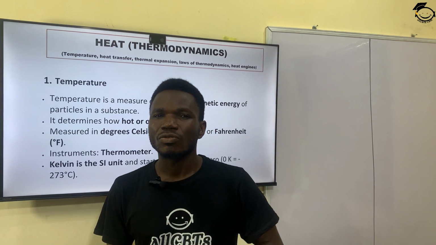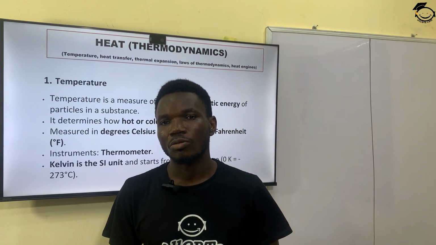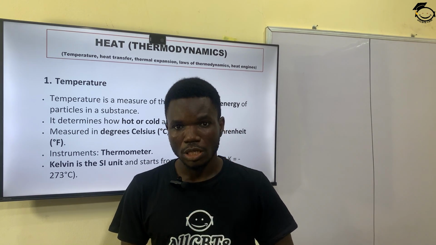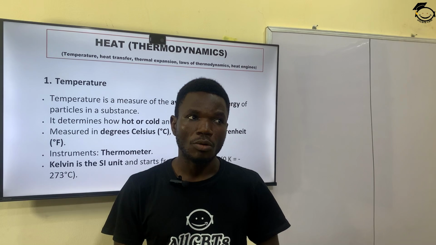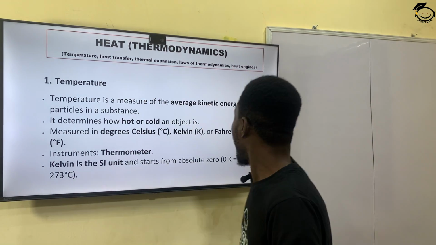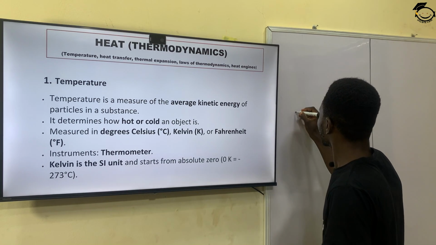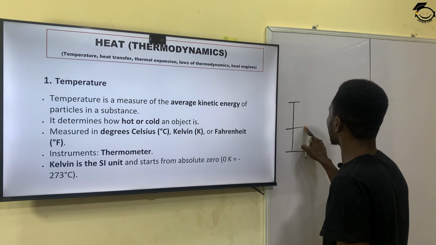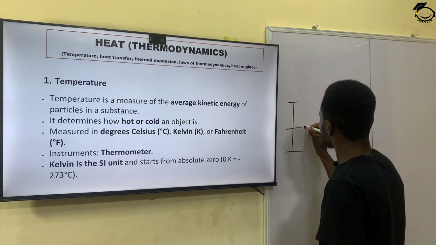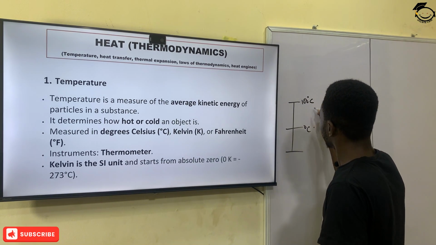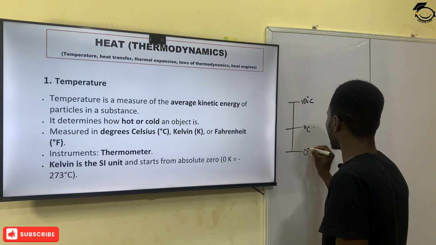And we have other scales of temperature such as the Celsius scale, the Rankine scale, and the Fahrenheit scale, apart from the Kelvin scale. And there's a difference between their conversion rates. For example, this is just a table showing their different temperatures. Here we have 100 degrees Celsius, and here we have 0 degrees Celsius.